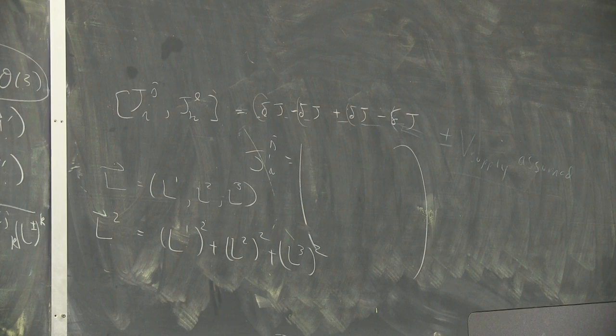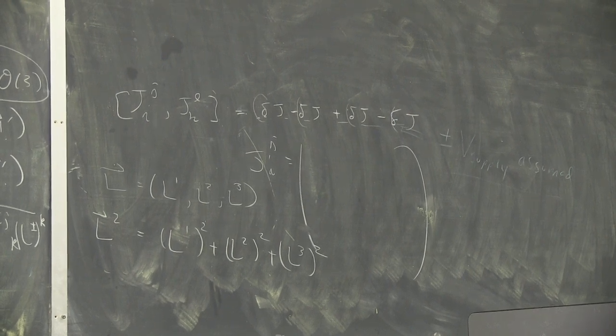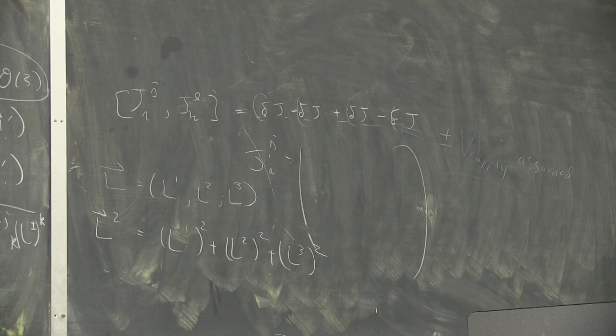Now this thing formally does not reside in the Lie algebra itself, but in what's called the enveloping algebra. I won't bother you with the details, but let's just focus on some construct like this.